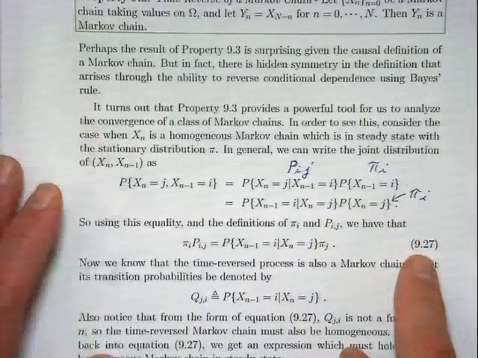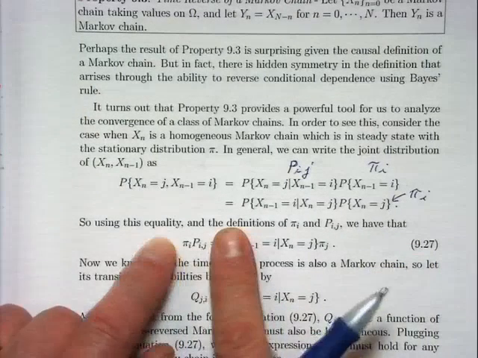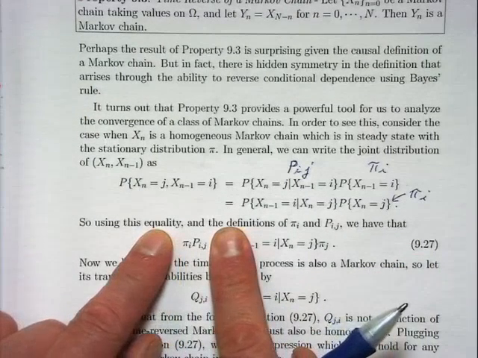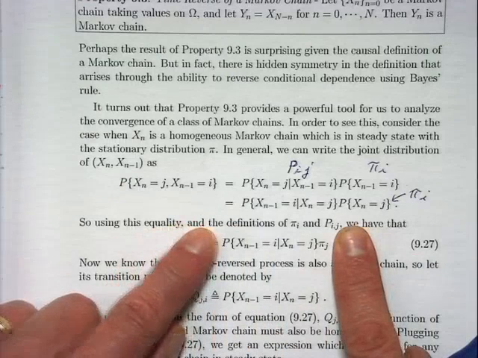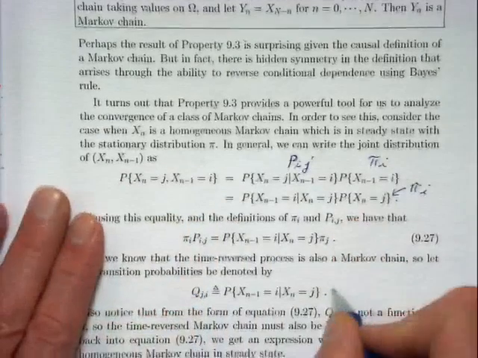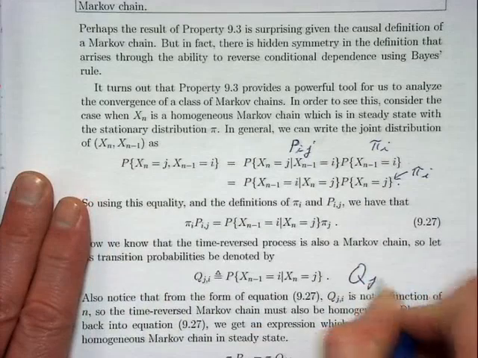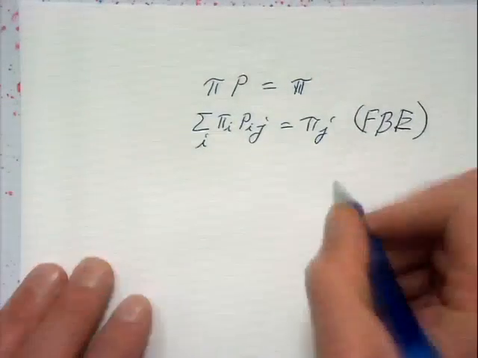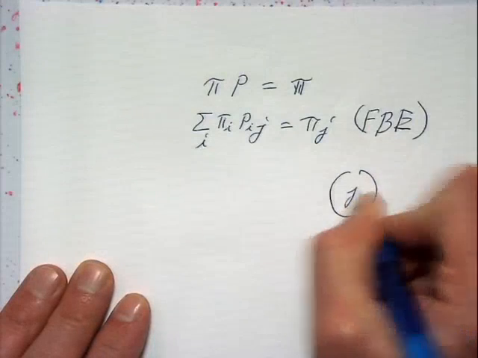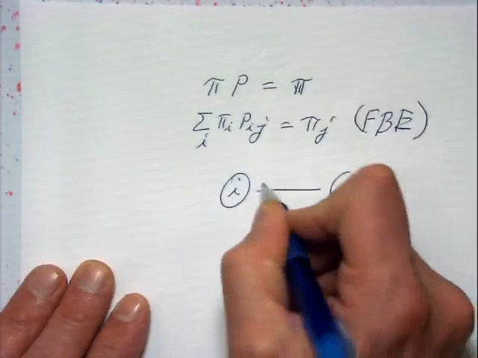So now we get equation 9.27. It says that the left-hand side is the forward Markov chain distribution of two pairs of states, and the right is going to be the reverse. So what we can do is define this reverse as Q_ji. It's the probability that we start in state j and we go to state i going backwards in time.